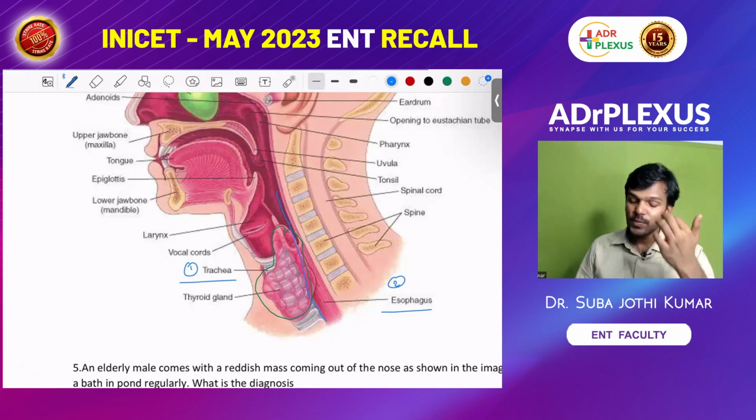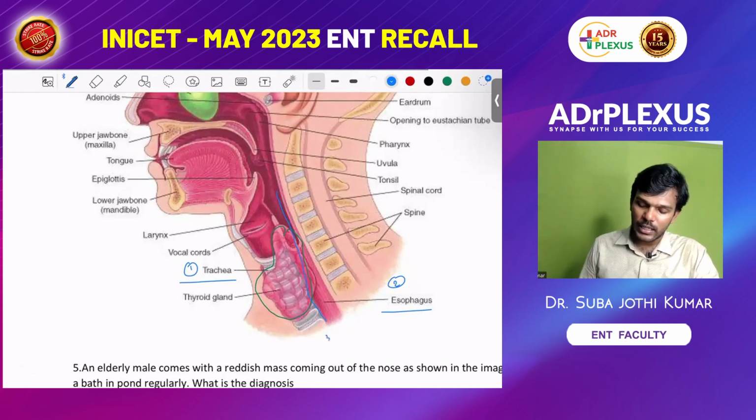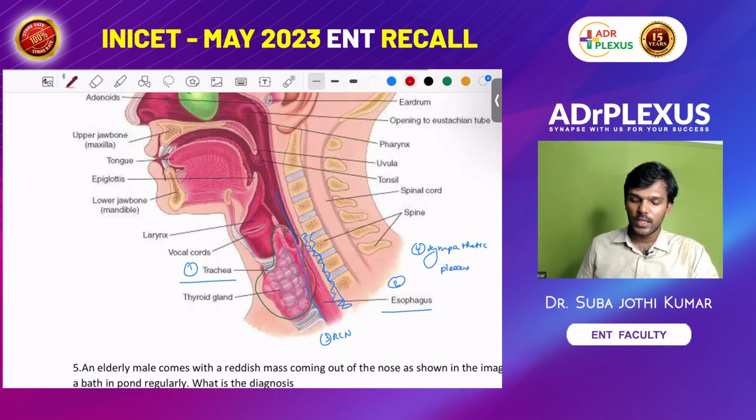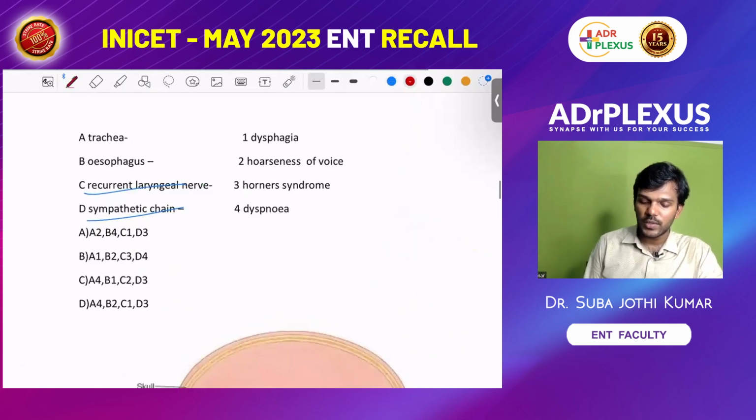Okay, so it's again an important MCQ. So the third one is recurrent laryngeal nerve. Then we are having sympathetic plexus somewhere over the vicinity. So the question is pretty simple: if trachea is compressed, you will get dyspnea. Esophagus compressed, you will get dysphagia. Recurrent laryngeal compressed, you will get hoarseness of voice.